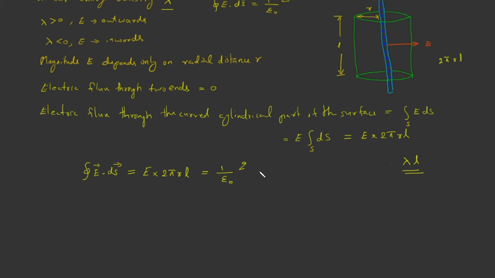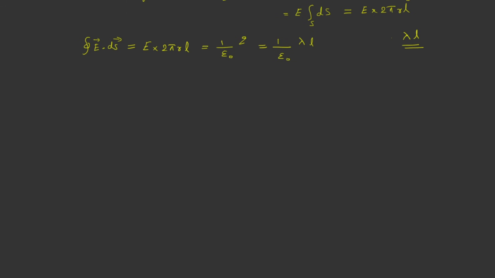Therefore, this equation can be written as 1 by epsilon 0 times lambda L. So, we got an equation E into 2 pi RL is equal to 1 by epsilon 0 times lambda L. L we can cut it off.